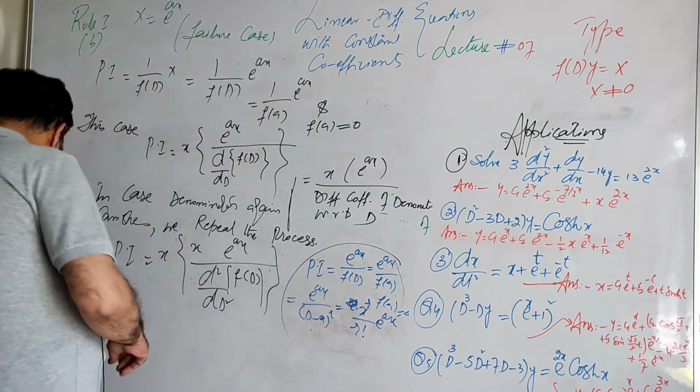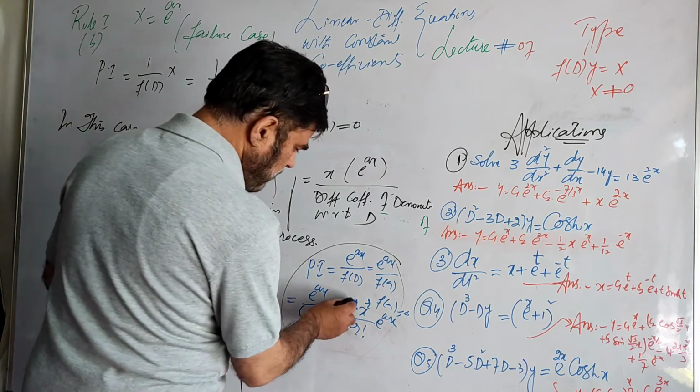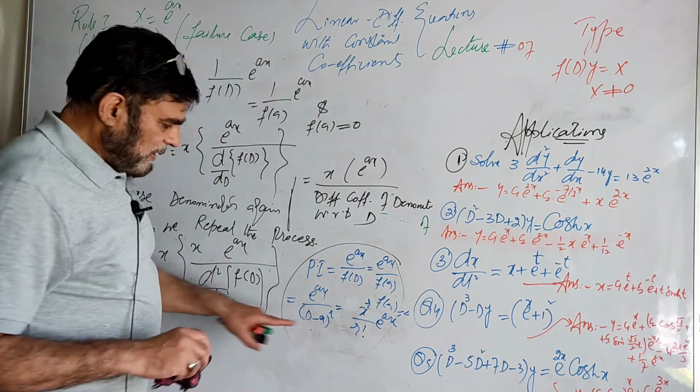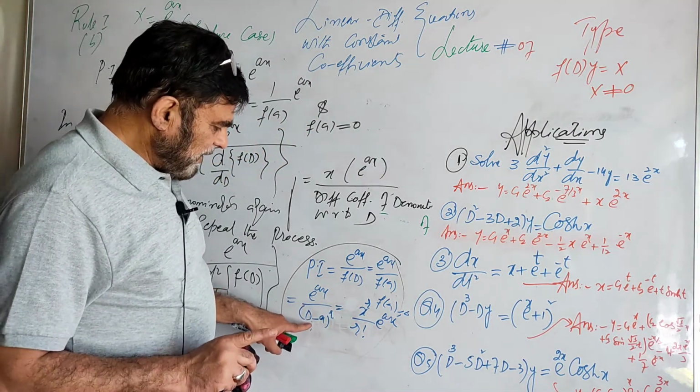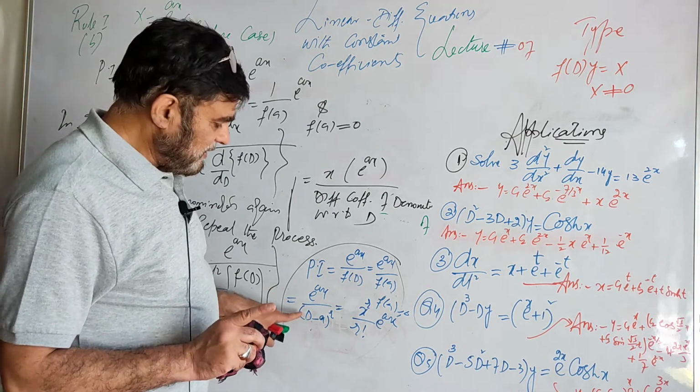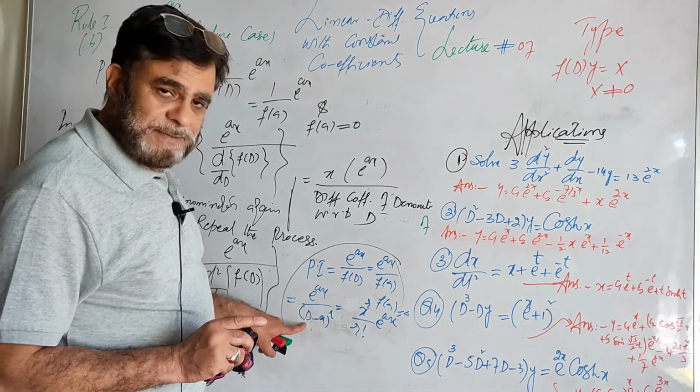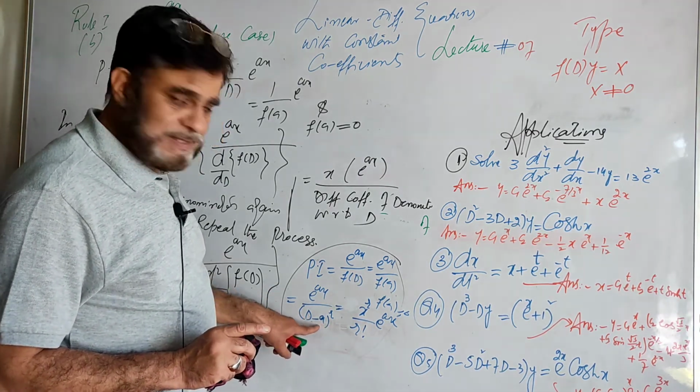This is also the formula given in your book. You can use this way also. At the point where this becomes 0, that is a, we write the factor D minus a.